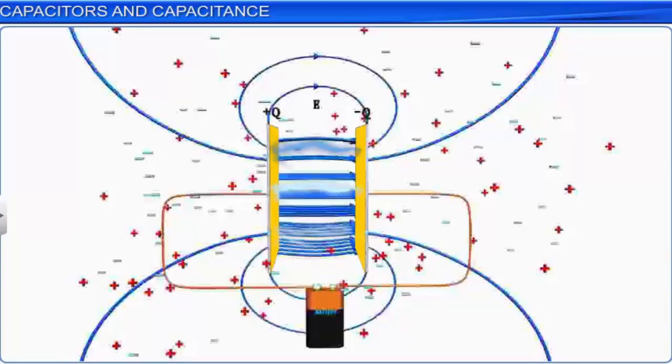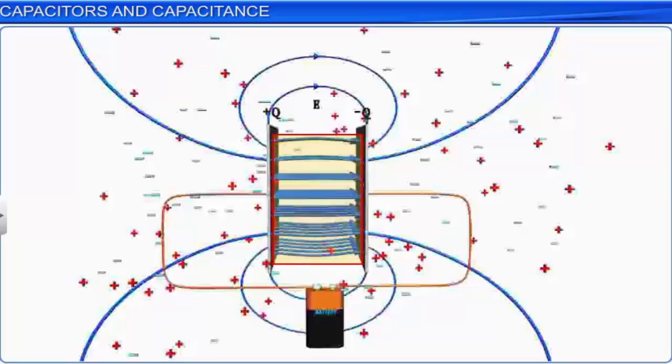When a sufficiently intense electric field is applied, the electrons of the intervening dielectric medium are torn away from their parent atoms, and the dielectric medium behaves as a conductor. This phenomenon is known as dielectric breakdown. Dielectric strength is defined as the maximum electric field strength that a dielectric medium can withstand without a breakdown of its insulating property.